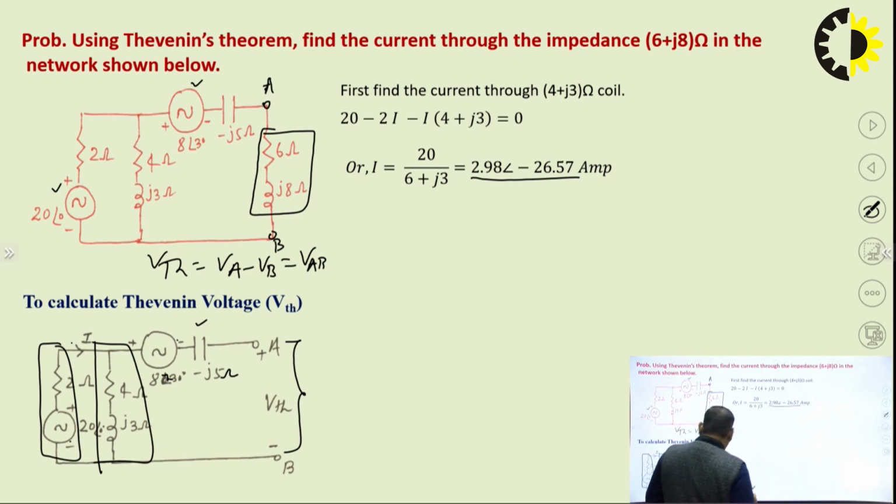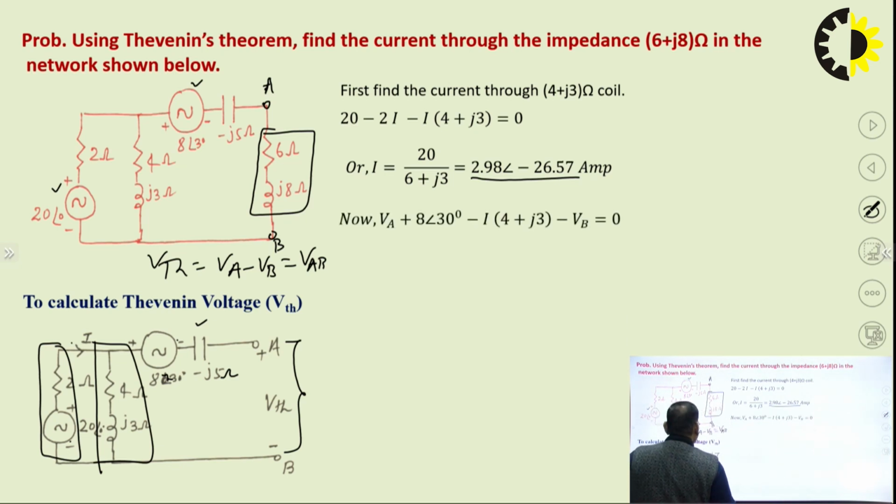Now, we can apply Kirchhoff's voltage law either in this loop or the outer loop. So, start with this terminal, which has voltage, say, VA. So, VA, no drop across the minus j5 ohm because this is open, so no current will flow through this. And plus 8 angle 30 degree, and I have taken this path, minus I times 4 plus j3 equals VB.